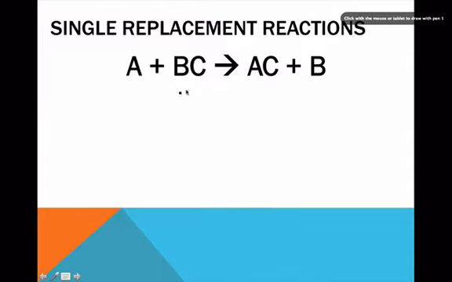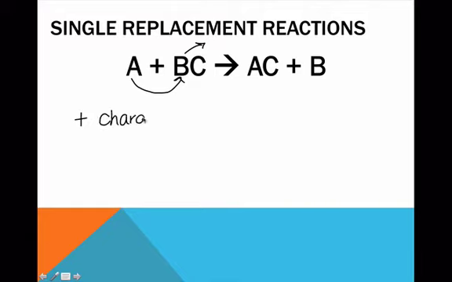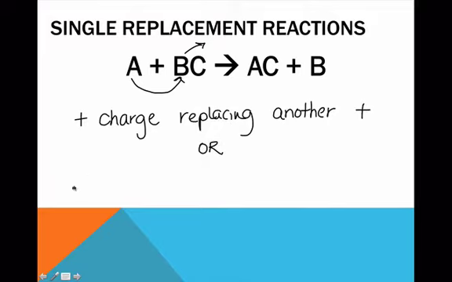to switch places. So in this case, the A comes in, and it ends up kicking the B out by itself. You need to make sure when you're doing this that it is a positive charge replacing another positive charge, or it is a negative charge replacing another negative.